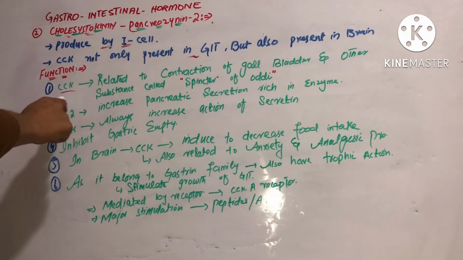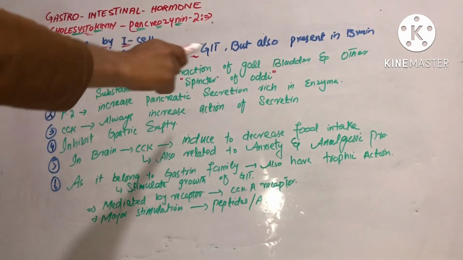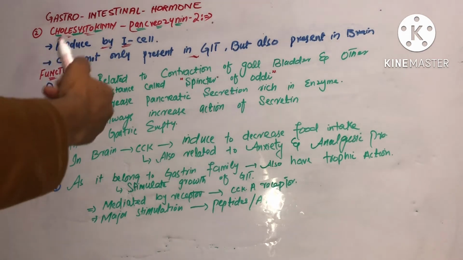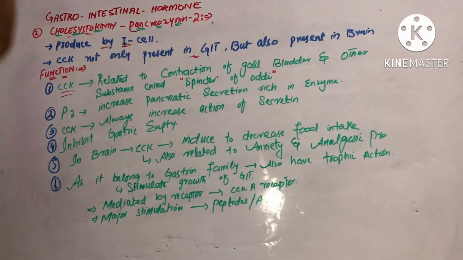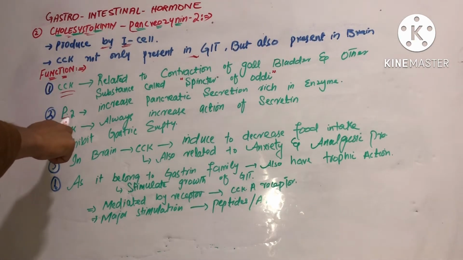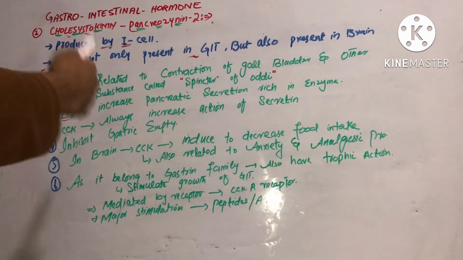The cholecystokinin part is related to the contraction of the gallbladder and relaxation of the sphincter of Oddi. Due to this contraction of the gallbladder, bile is released from the gallbladder. The pancreozymin part increases the pancreatic secretion.